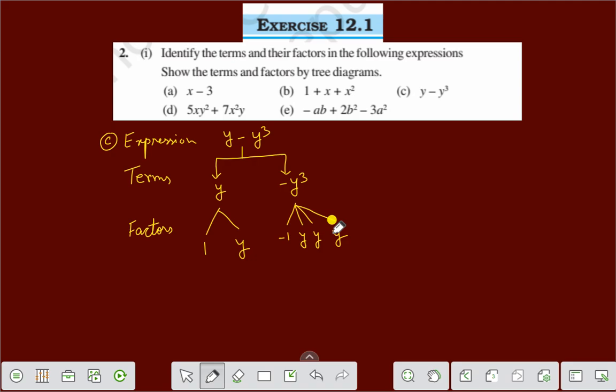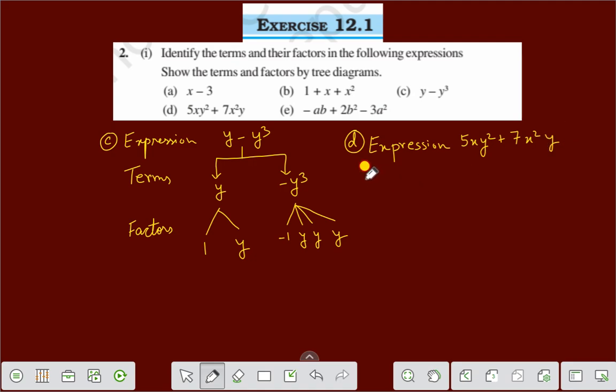Now question number D. The expression is 5xy square plus 7x square y, right?